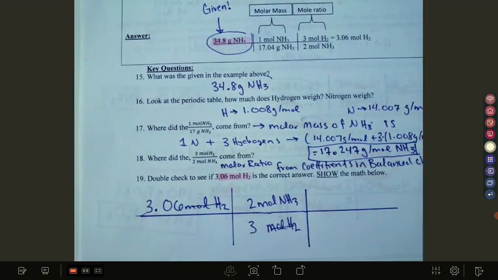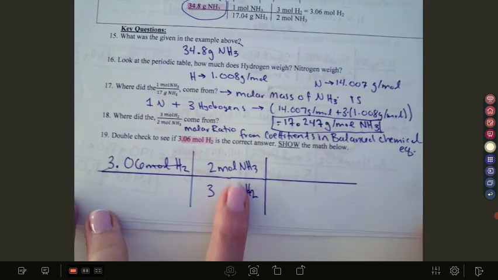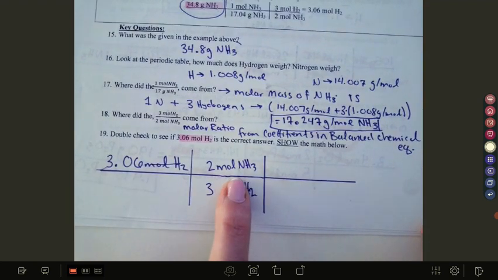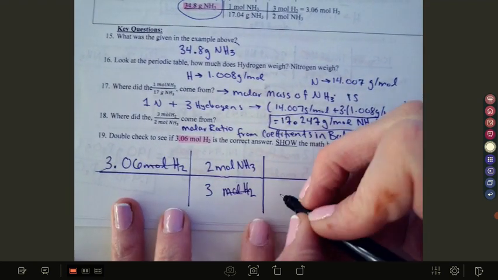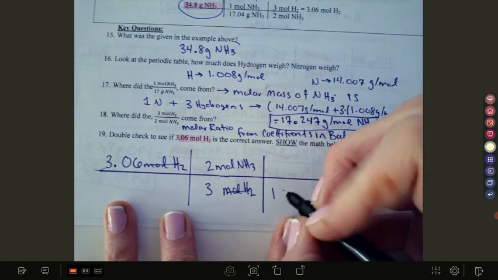Then our moles of hydrogen cross off, so then we're going to get from moles of ammonia to mass of ammonia. And the only thing that you ever know about a mass is the molar mass.